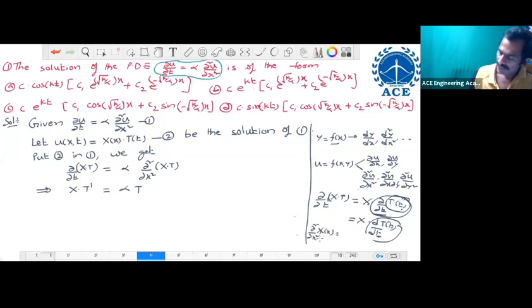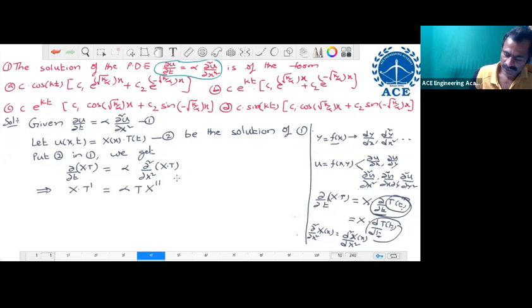This X of x is a function of one independent variable. Because of one independent variable, this partial is the same as ordinary only. That's why we write this as d square capital X of x divided by dx square. Both are the same. So in short form, d square can be written as X double dash only.